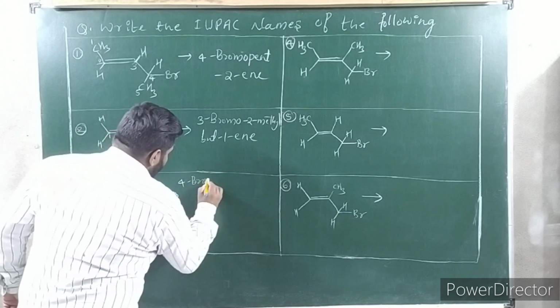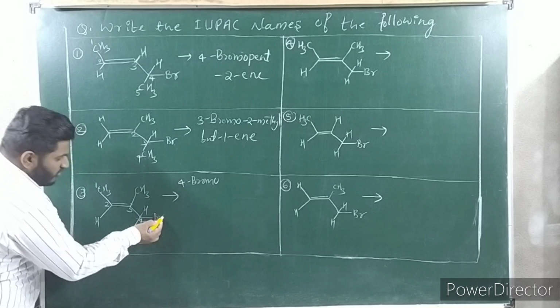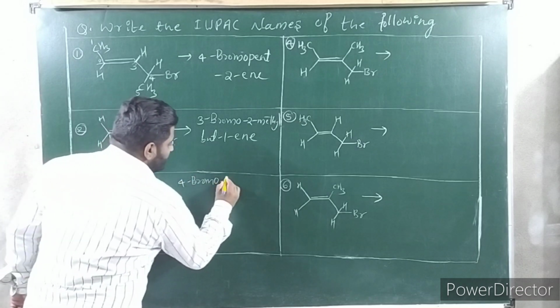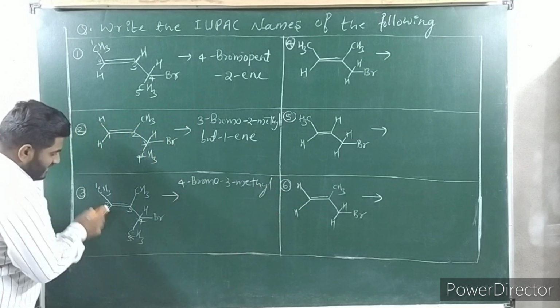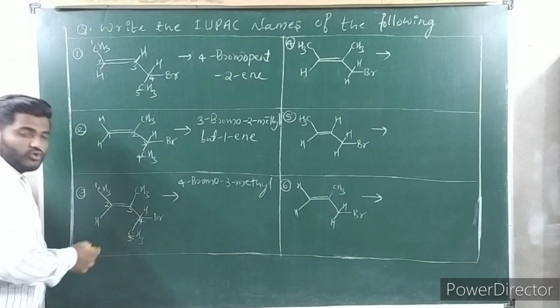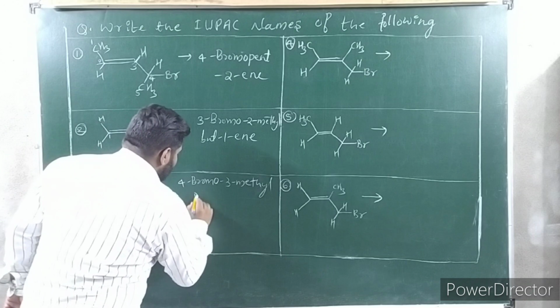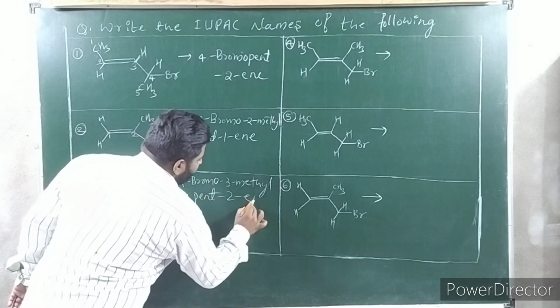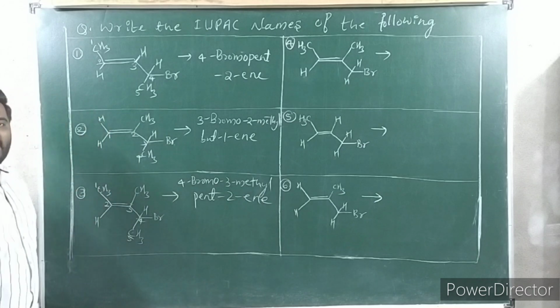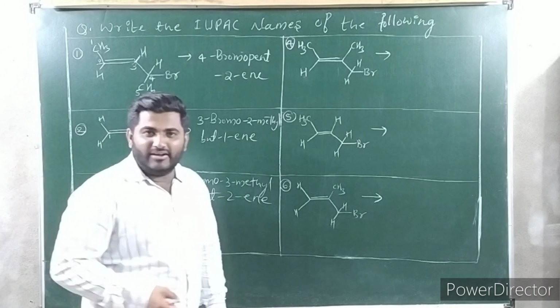4-bromo, yes, fourth position bromo. Third position methyl, 3-methyl. So total is pentene, pent. Second position double bond, 2-ene. Double bond is ene, triple bond is yne, single bond is ane. You know that already, right?